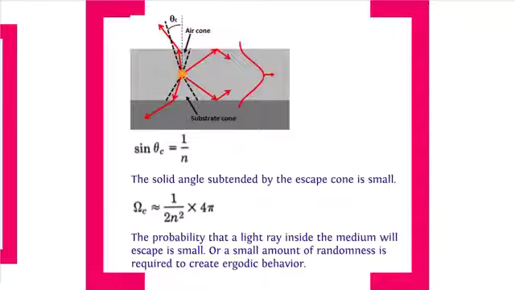I should give some numbers, but make some guess. Is that clear? And N2 is greater than 1, so I have to draw this. The size is larger. So the probability that the light will escape through the bottom is higher than the probability it will escape to the top.